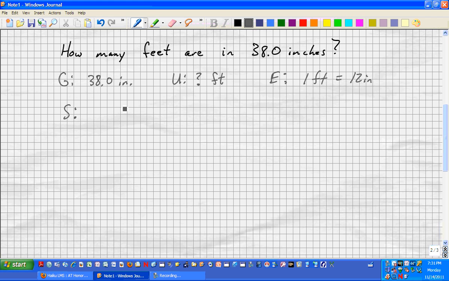Setup, I rewrite my given, 38.0 inches, always with the units, times, now I can either put inches on the top or inches on the bottom, but what I have is inches, so what I have goes on the bottom. So that's 12 inches, and that means that what I want goes on the top, 1 foot.